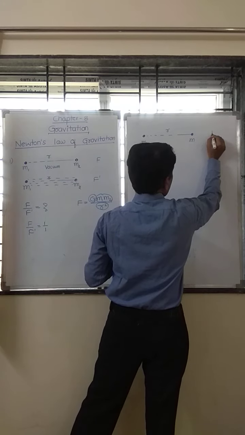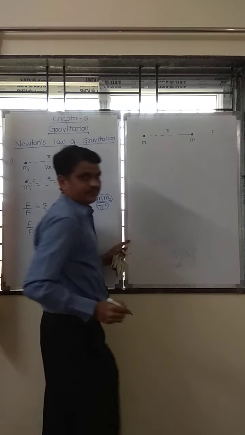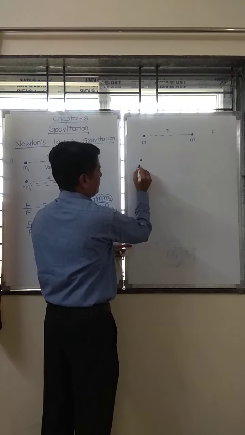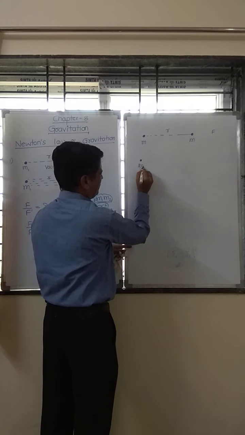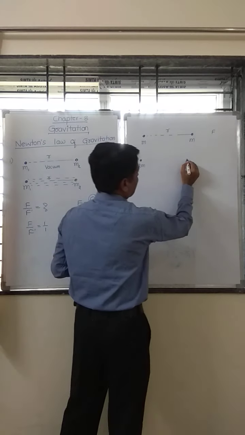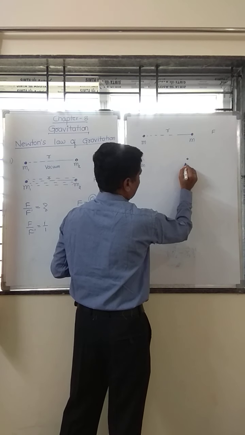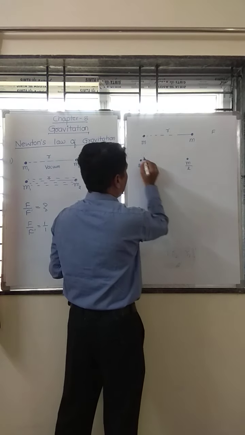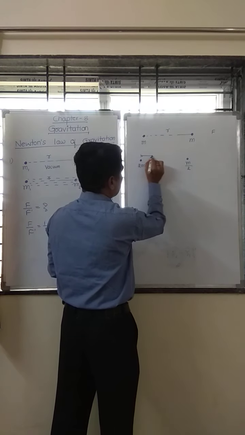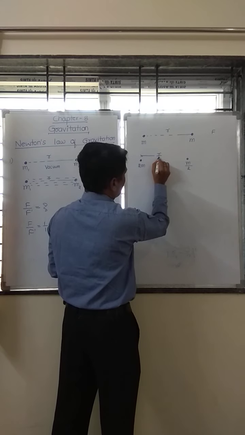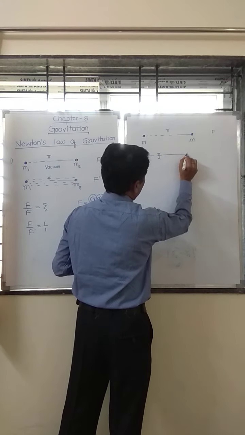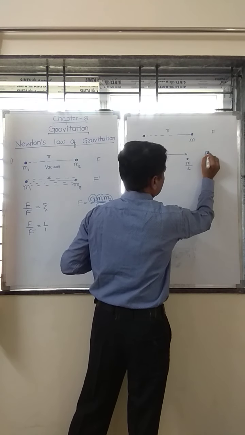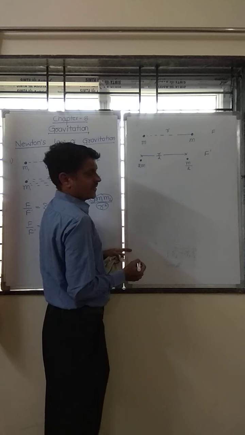The force between them is F. If the first mass is doubled, that is 2m, the second mass is halved, m by 2, and the distance between them is also halved, now the new force is F dash.